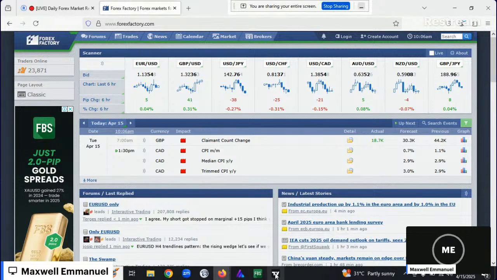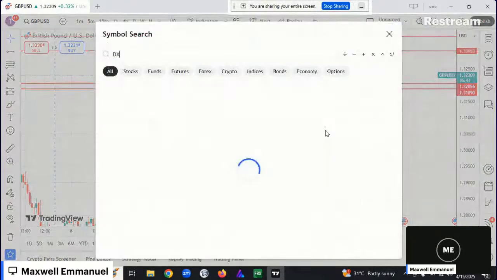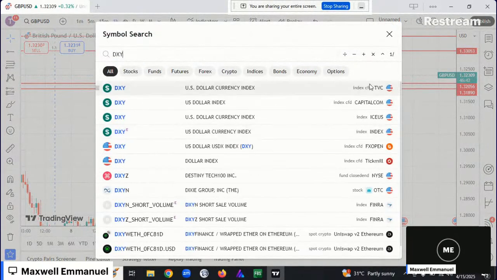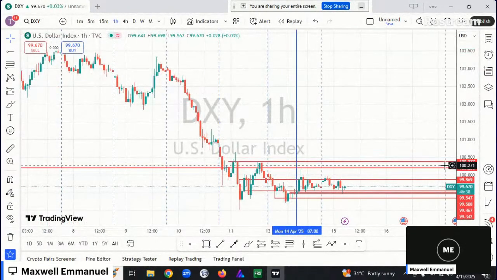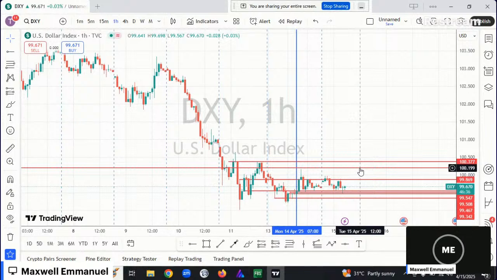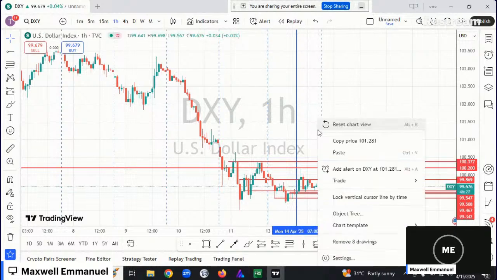So let's see DXY. Let's start with DXY. Like I told you guys, my bias for DXY still remains bearish. I'm still very bearish on DXY this week.